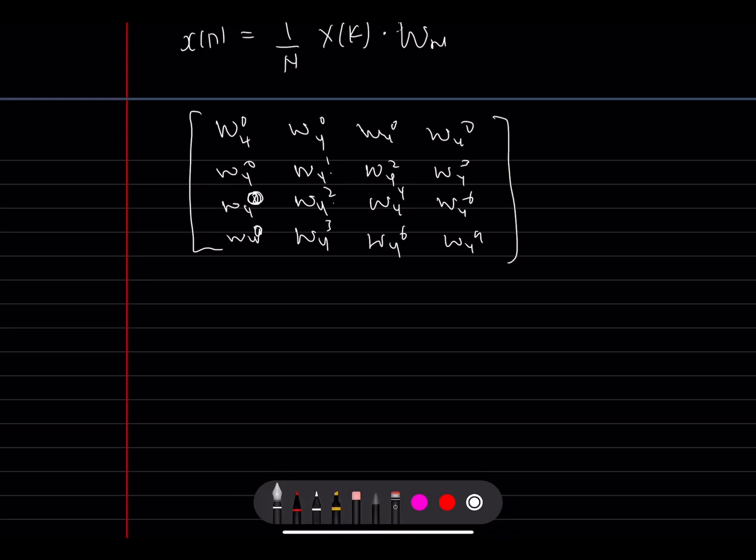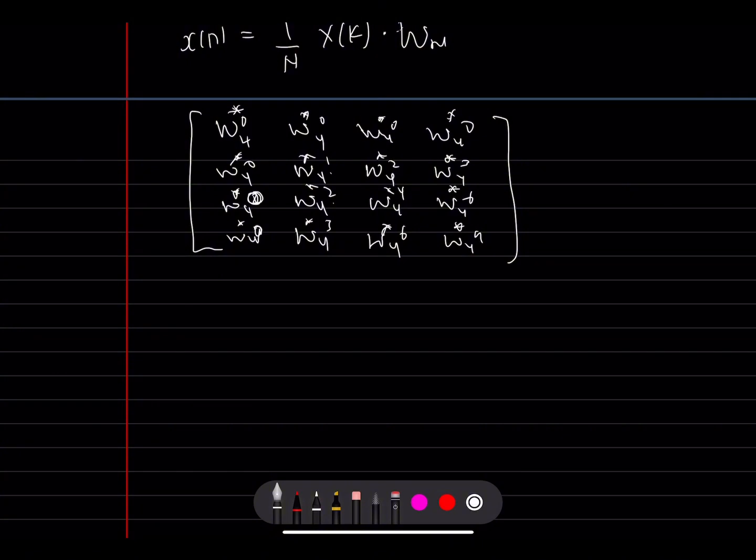But remember that because they are complex conjugates, we apply the conjugate sign on all of them.